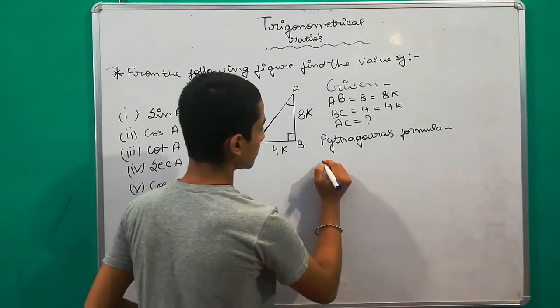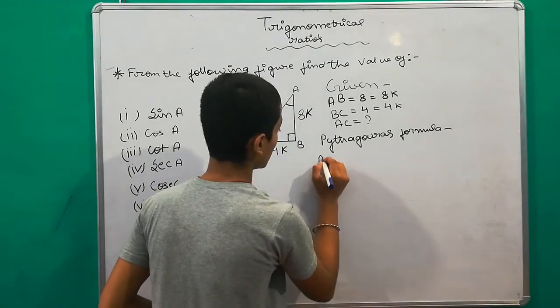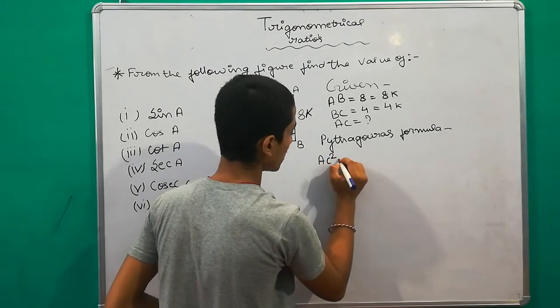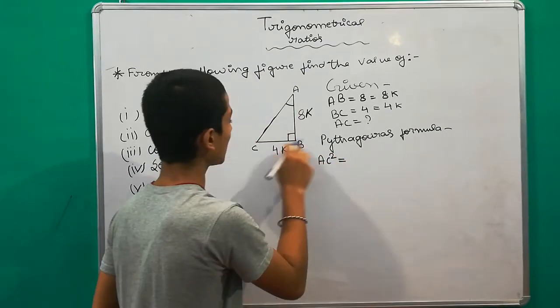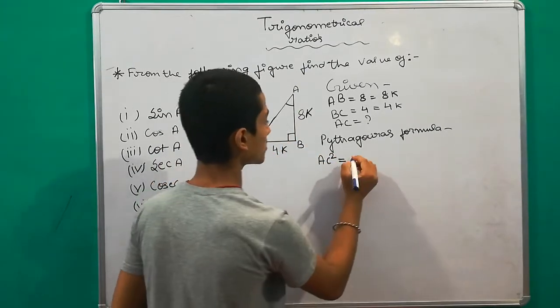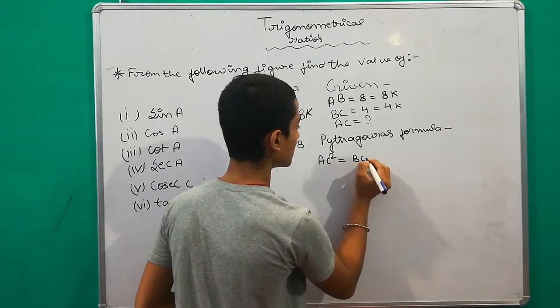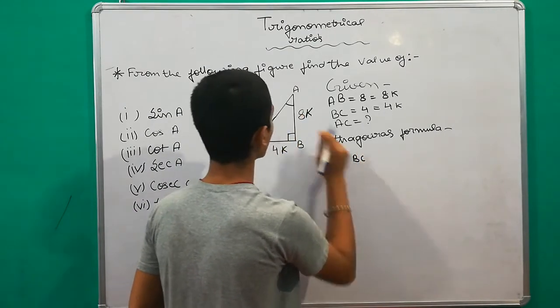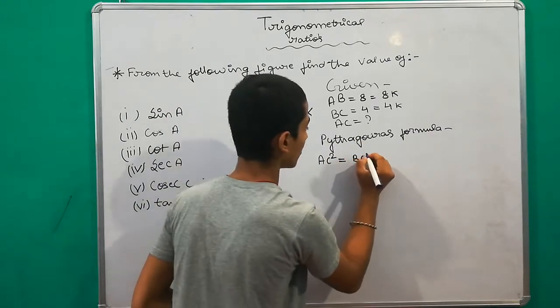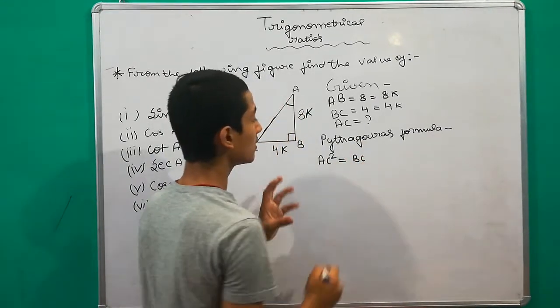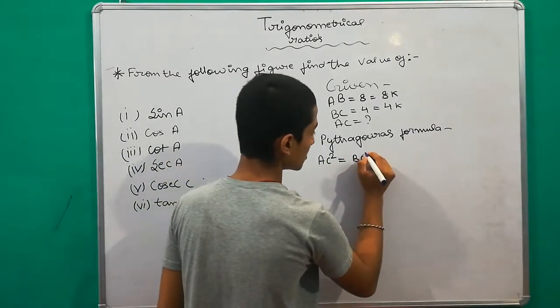So friend, here h is AC square equals to, you can take BC as a perpendicular or base. I am taking BC as a perpendicular according to this angle.